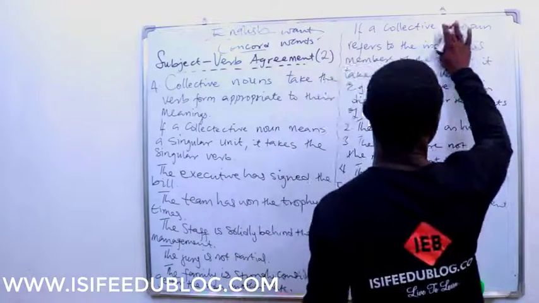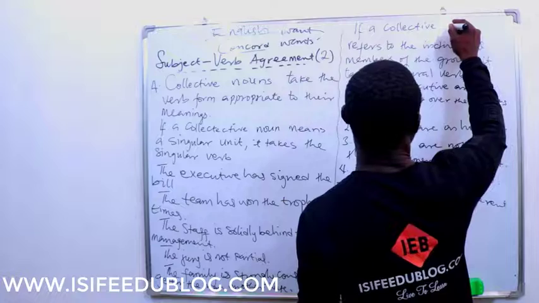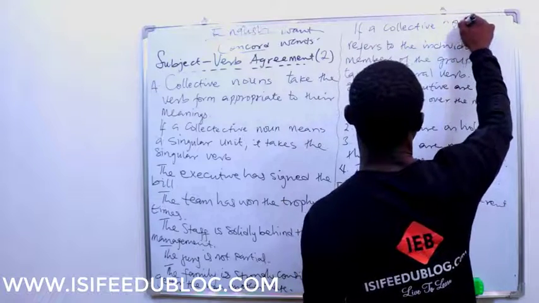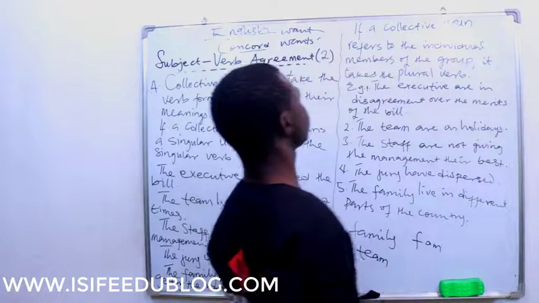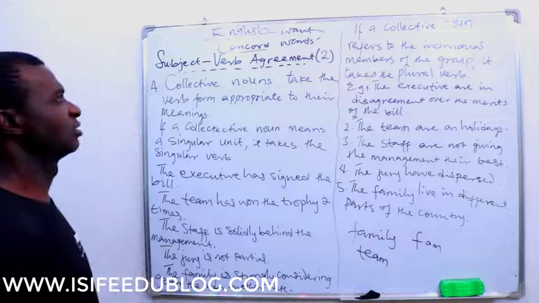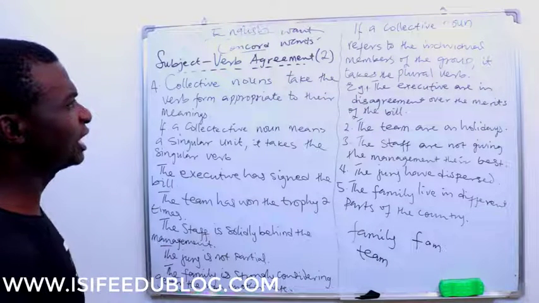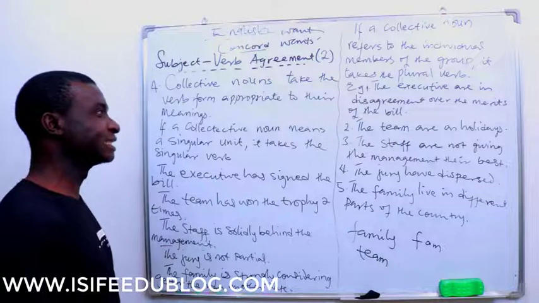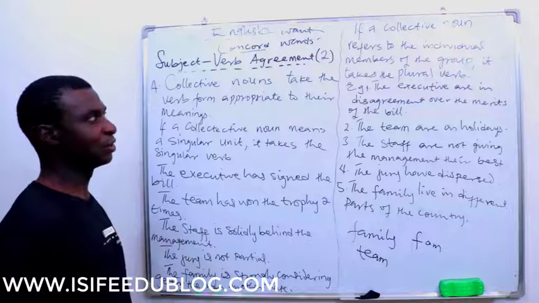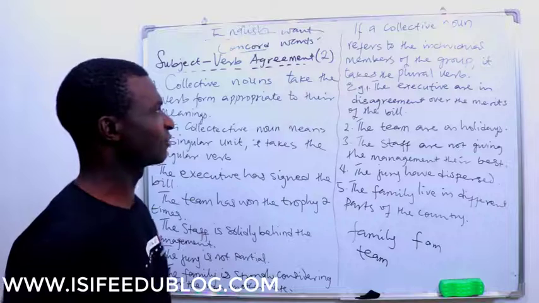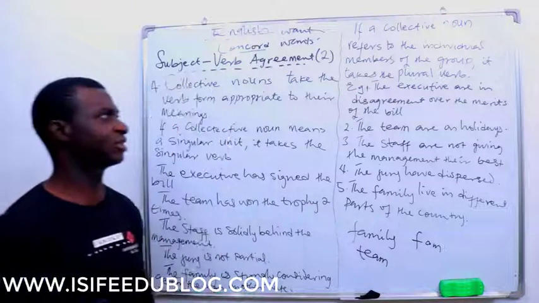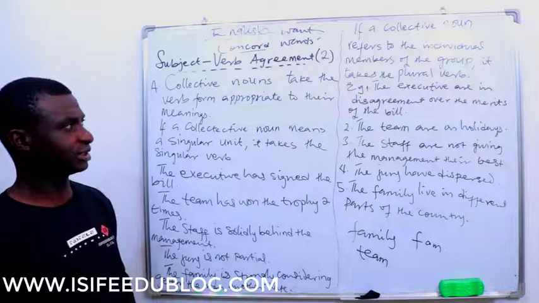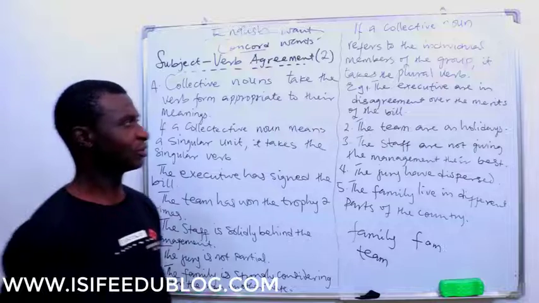Here is another part of the collective noun issue. Now, if a collective noun refers to the individual members of the group, it takes the plural verb. If a collective noun refers to individual members of the group, it takes the plural verb.